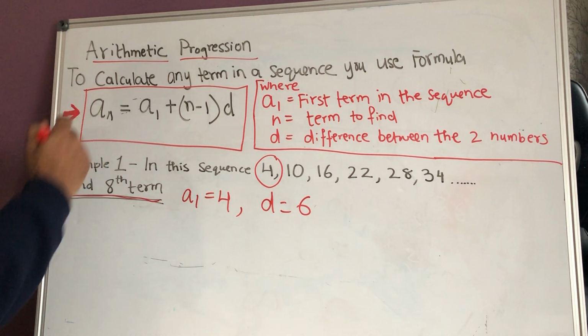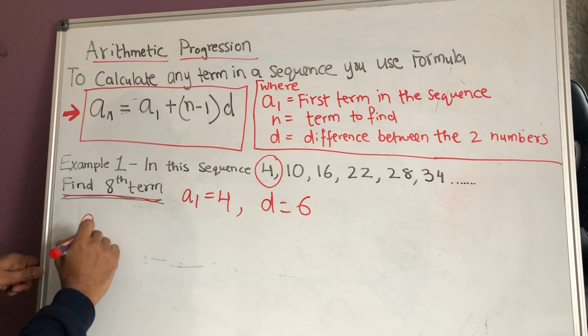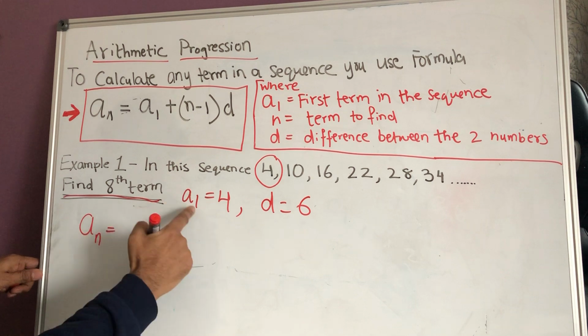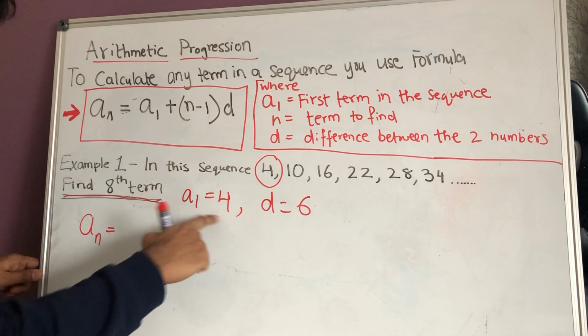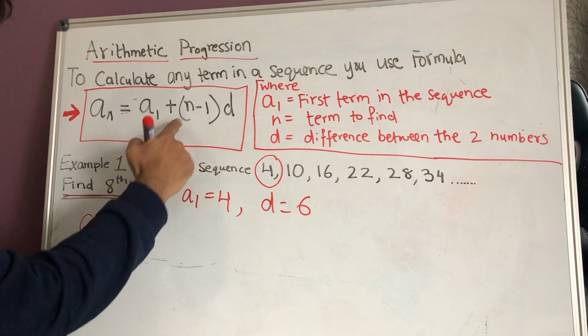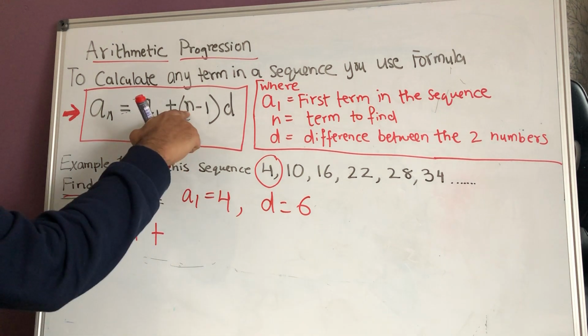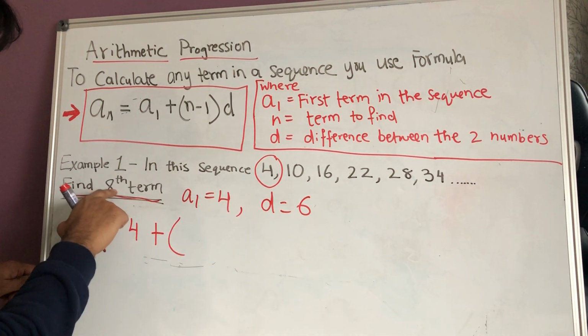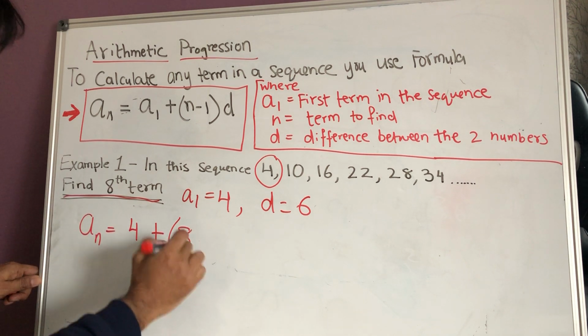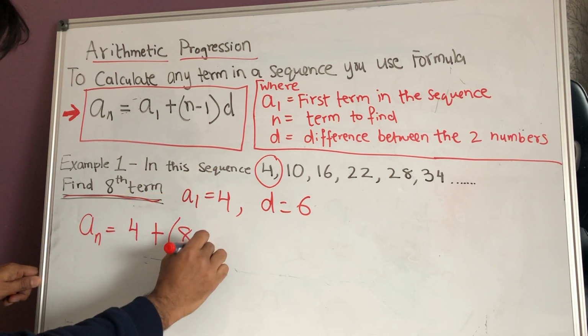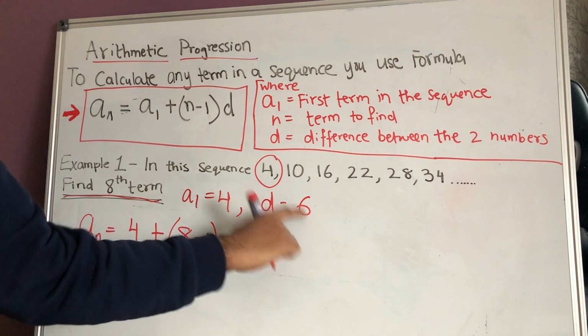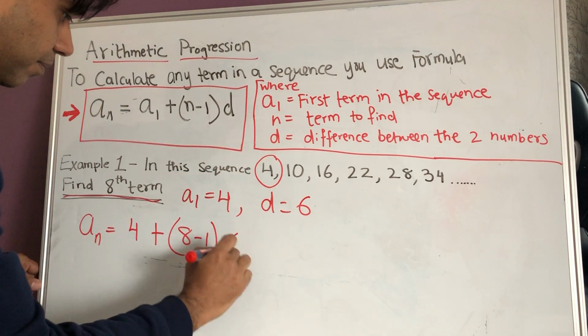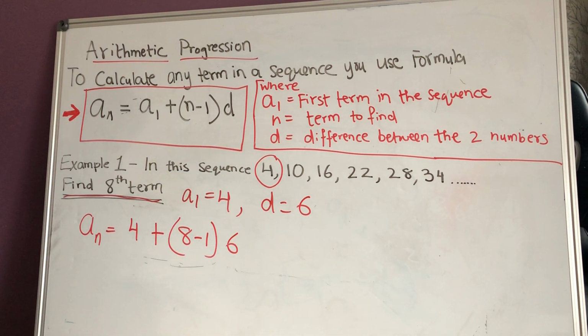So let's start with an equals a1, which is basically our 4, plus n minus 1. n is the 8th term we're going to find, minus 1. And the difference is going to be 6. So that's the first step you need to take.